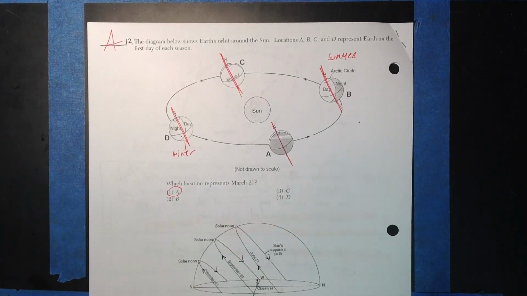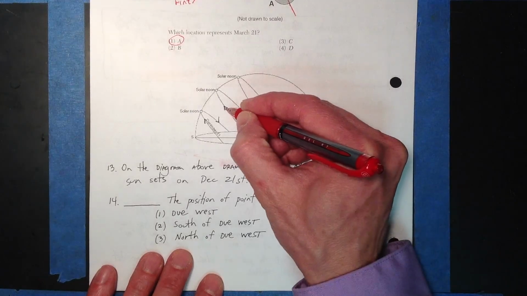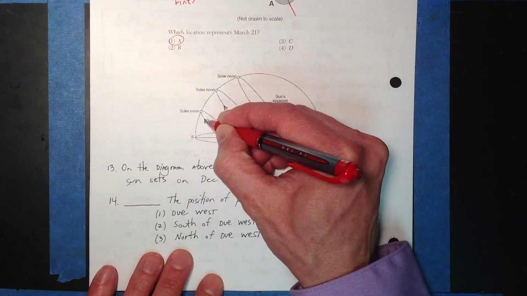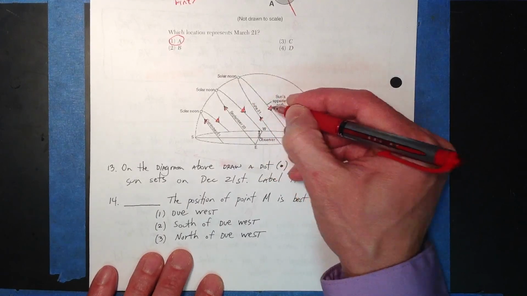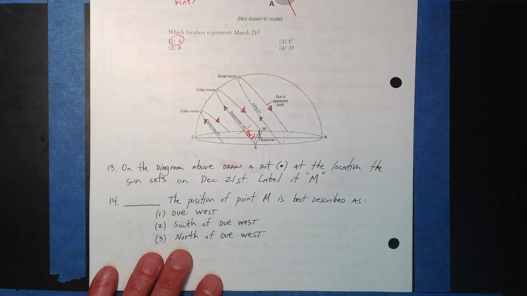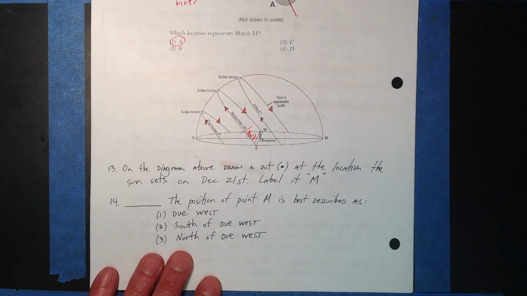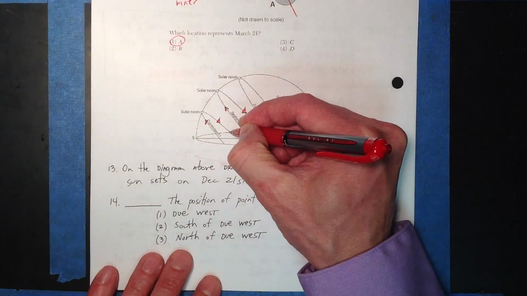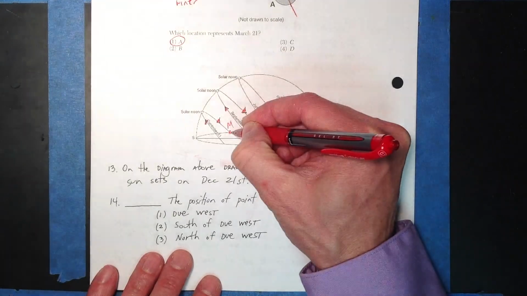All right, be careful. In this picture, 13, I drew the arrows in of how the sun moves through the sky. That's what these represent, the movement. And this also should be March 21st as well. On the diagram above, draw a dot at the location the sun sets on December 21st. Label it M. So right here, okay, that's the sunset. As I put the arrows on there, label it M, showing the sunset.